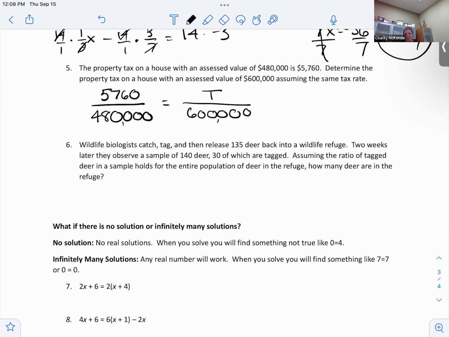So we can set up a proportion where the tax value is t. You could have had these switched the other way. So it could have been 480,000 over 5,760, and then the other one 600,000 over t. You're gonna get the same answer.